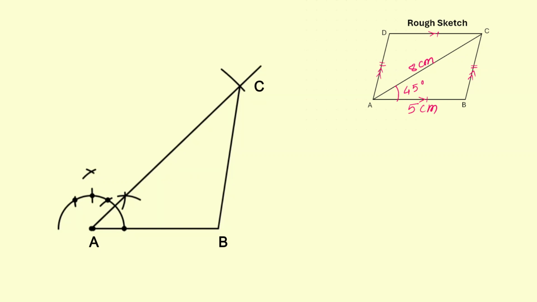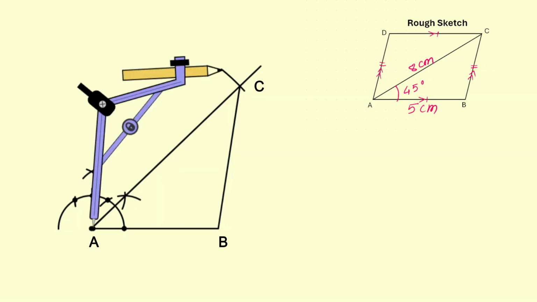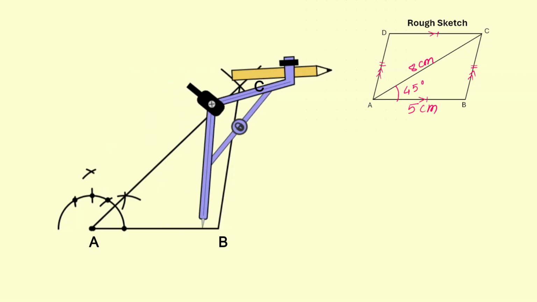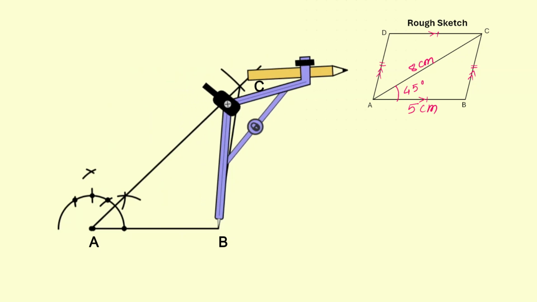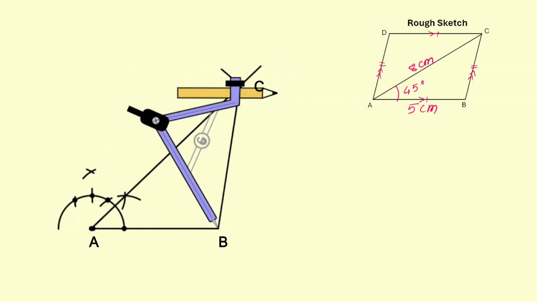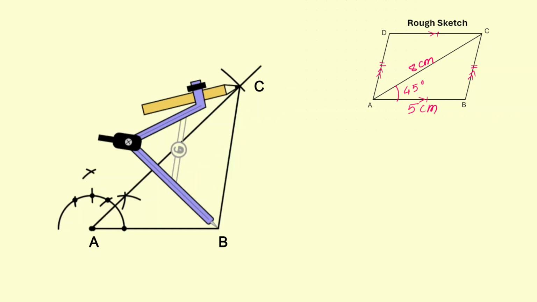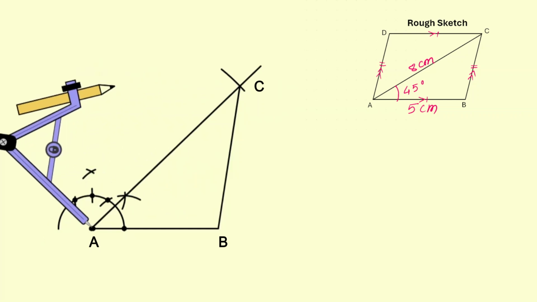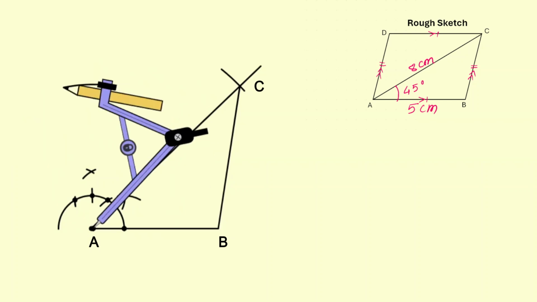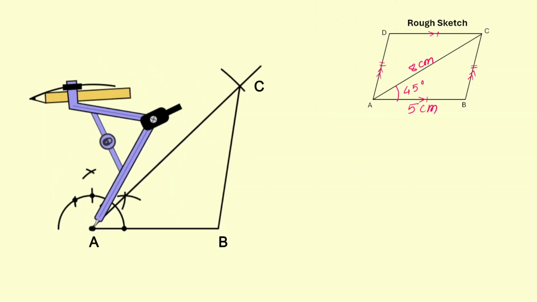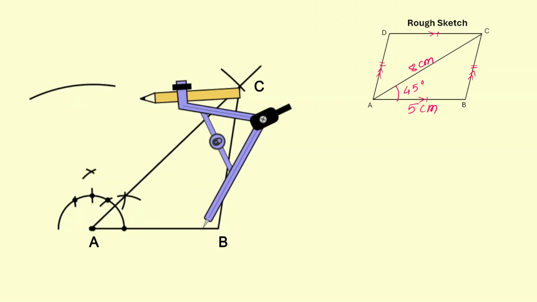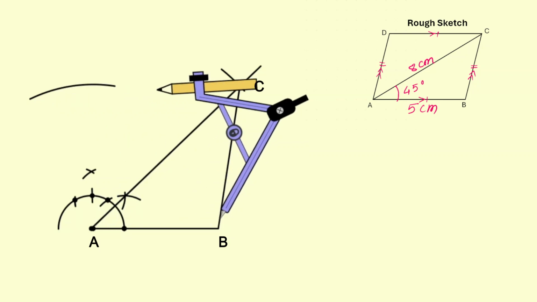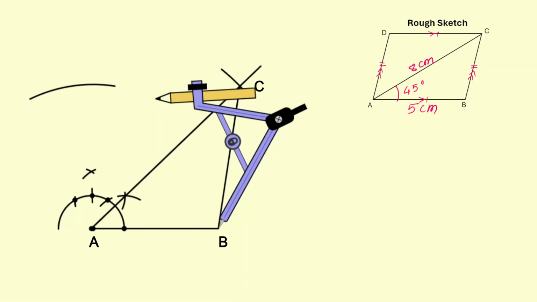Now I need the final vertex, which is D. For that, I know the length of line segment AD is exactly equal to the line segment BC. So let me make an arc radius equal to BC, and I'll put my compass at point A and make an arc in the direction of D. Again, I know one more thing, that CD is exactly equal to AB.